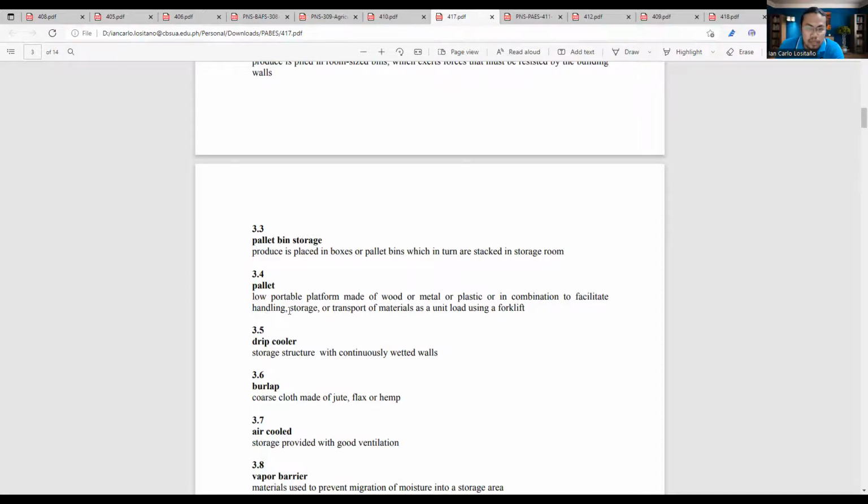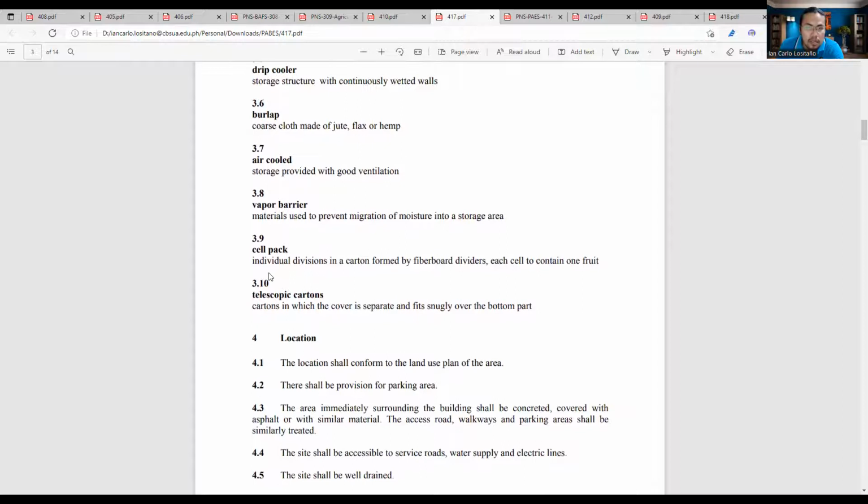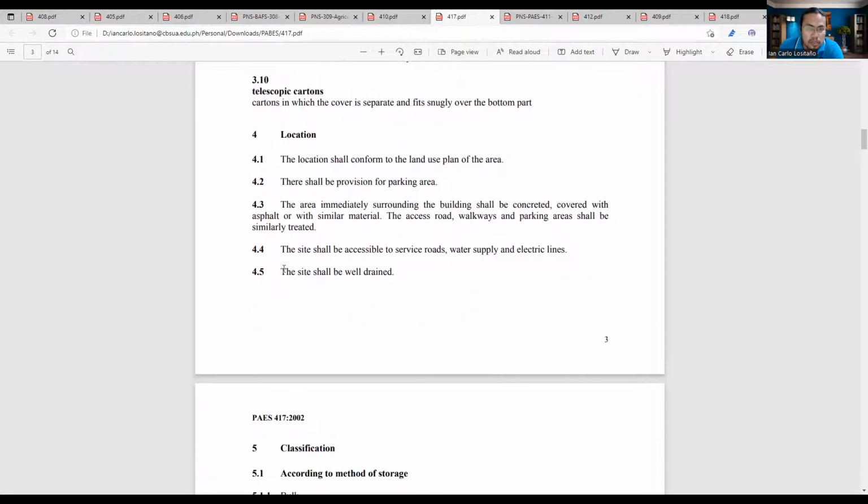This is to facilitate the movement of the products, for example with a forklift. A storage structure with continuously wetted walls is the drip cooler. Burlap is a coarse cloth made of jute, flax, or hemp. Air cooled, paper barrier, cell pack: individual divisions in a carton formed by fiberboard dividers, each cell to contain one fruit. Telescopic cartons.